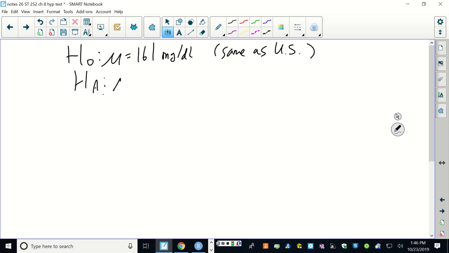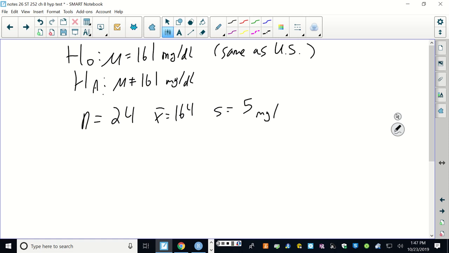The alternative could be just that it's not that. If you knew that some area was impoverished or had a certain diet that was shown to be problematic in the past, you might make it one way, but it's fine to just make it two-sided. We observe for how many people? 24. That X bar is 164, and the standard deviation in the sample is 5, again milligrams per deciliter.